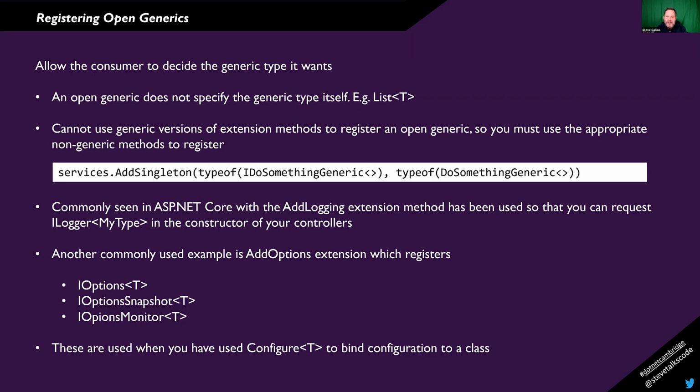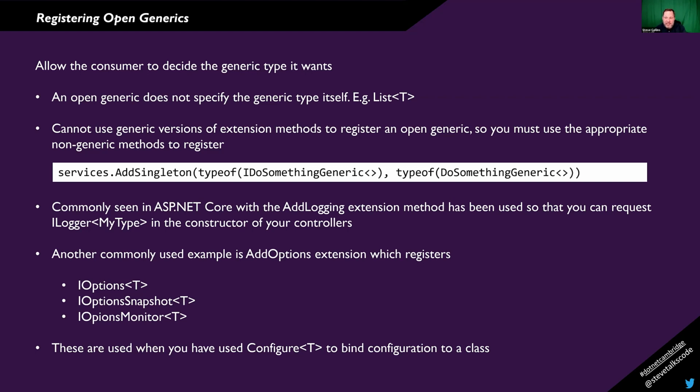So instead, we have to use a non-generic registration method where we use the typeof keyword to get the service and implementation types without giving a closing type parameter. In the case shown here, the IDoSomething generic interface and the DoSomething generic class are shown with the angle brackets, but you'll notice that there's no closing type, as this will be supplied by the consumer when it does its constructor parameters.